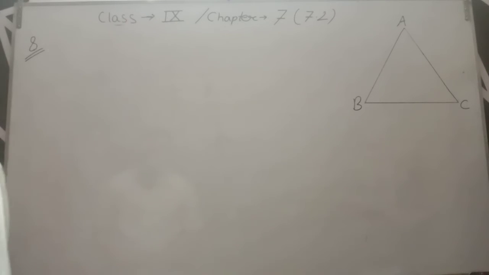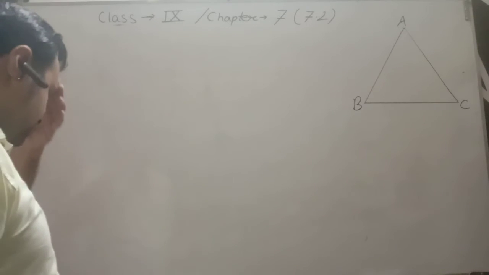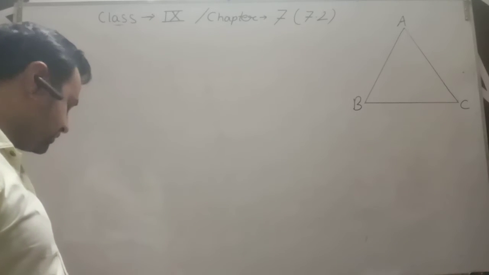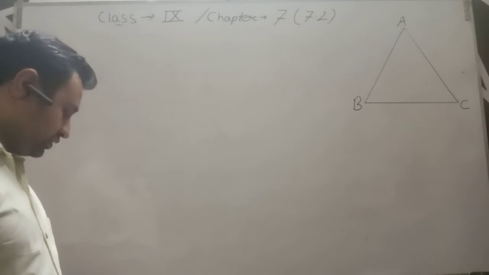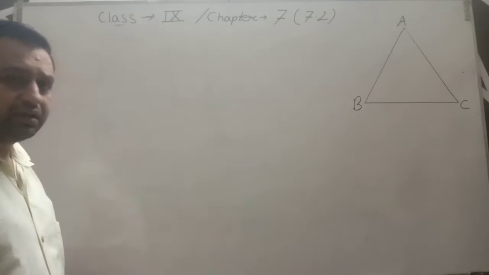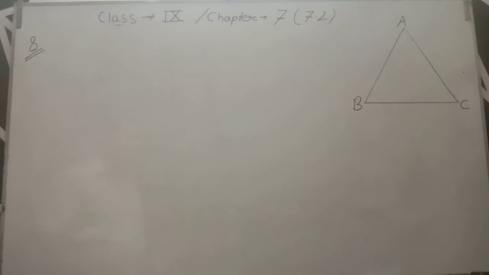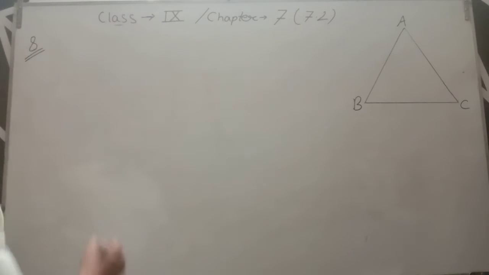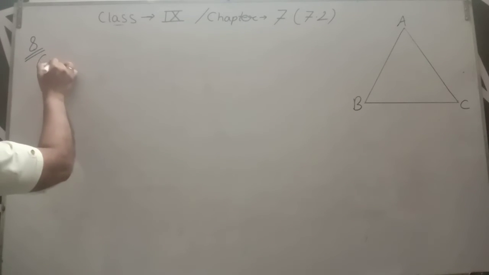Okay students, question number 8. In question number 8, show that the angles of an equilateral triangle are 60 degrees each. Equilateral triangle: a triangle in which all sides are equal. So we draw a triangle ABC, which is an equilateral triangle. So in the question, what is given?